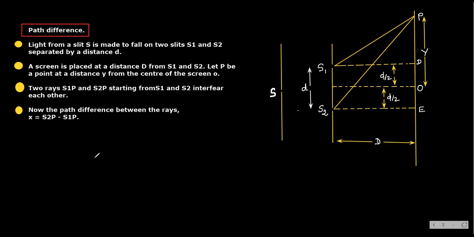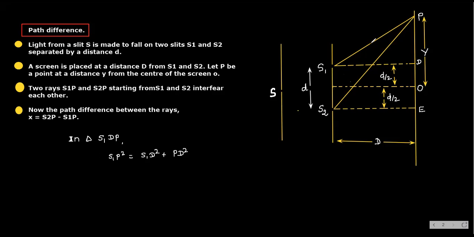Now see here, in triangle S1DP, which triangle am I taking? This triangle above. Here this is the hypotenuse. So can I write like this? S1P whole square is equal to S1D whole square plus PD square.